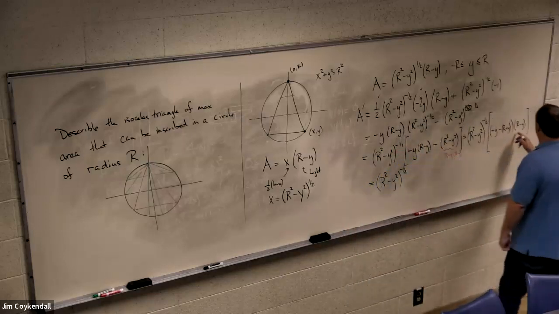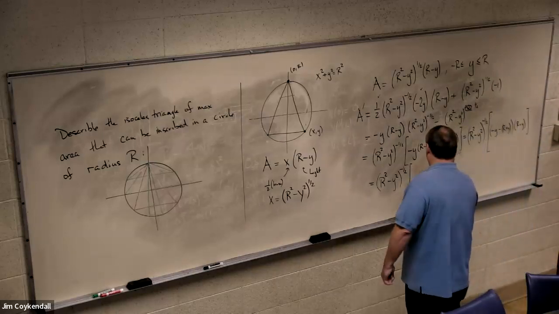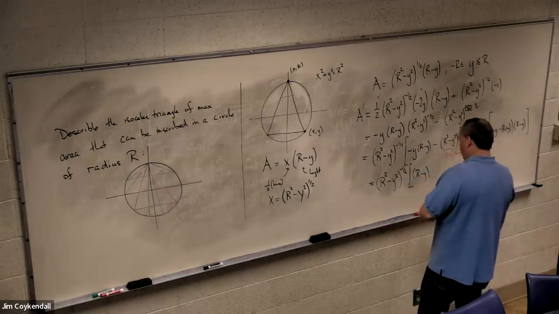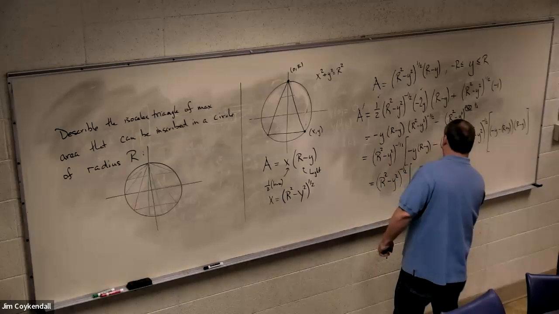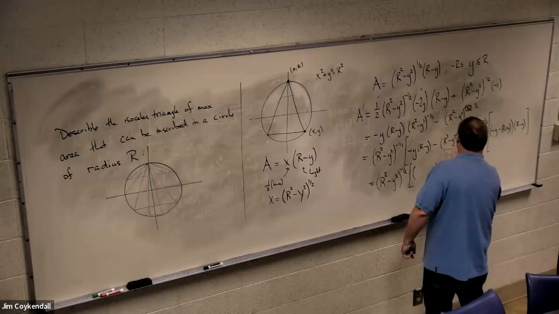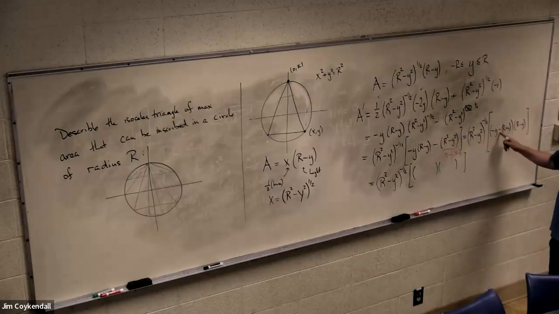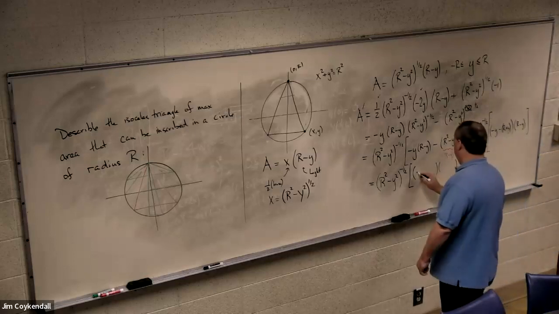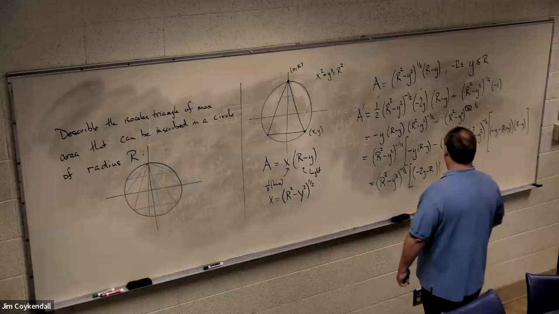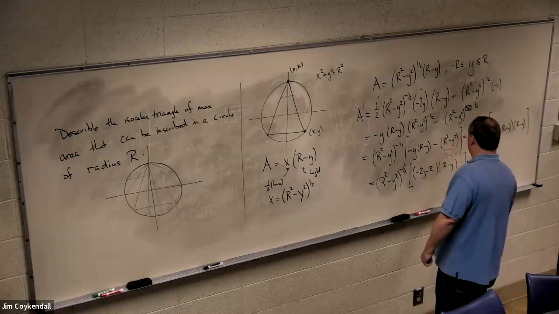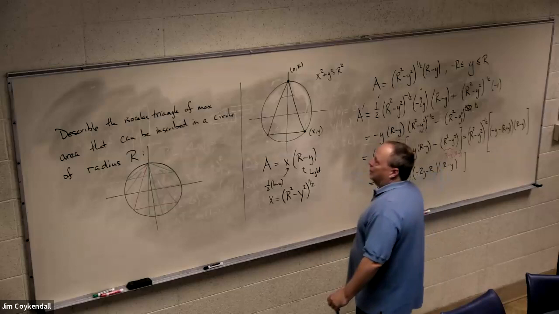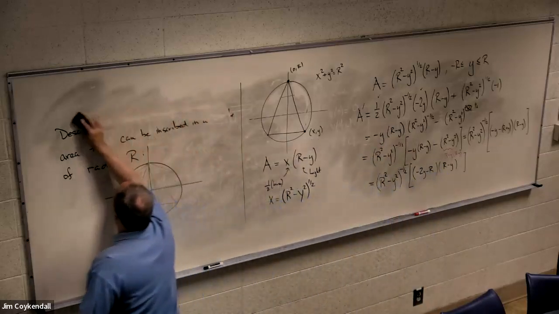And what's left here, this is r minus y. This first piece of parentheses is minus y minus (r minus y), so that's minus 2y minus r. And the other piece is r minus y. So I get some critical numbers here.